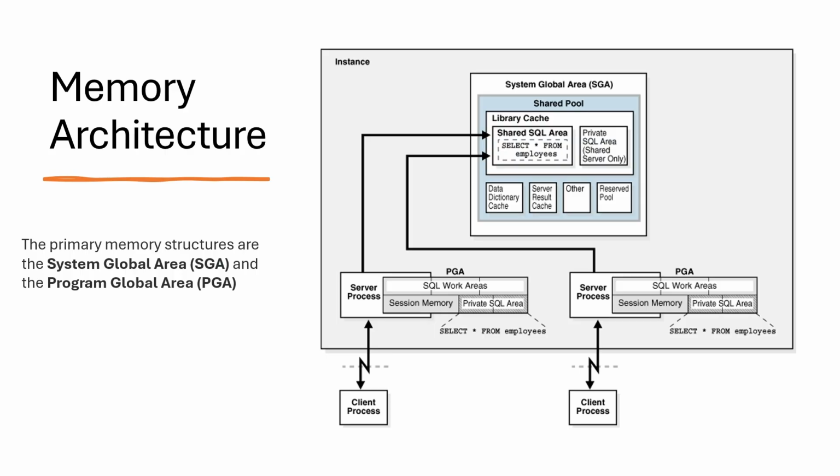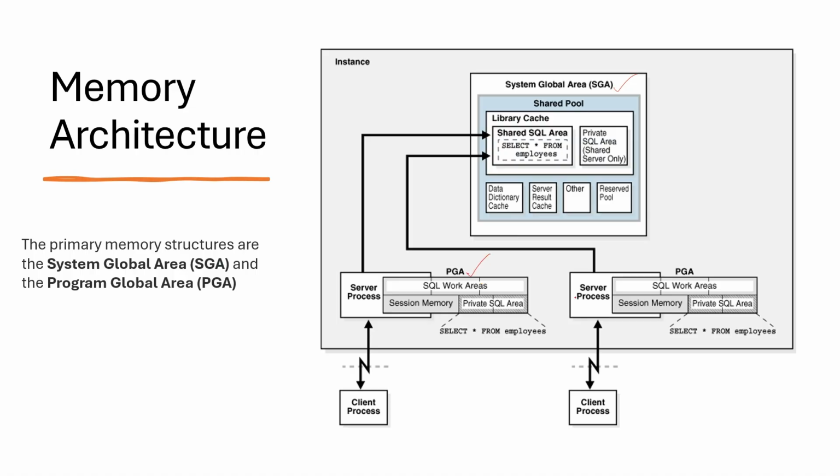In the memory architecture, you see two components. One of them is the system global area, the other one is the program global area, PGA.